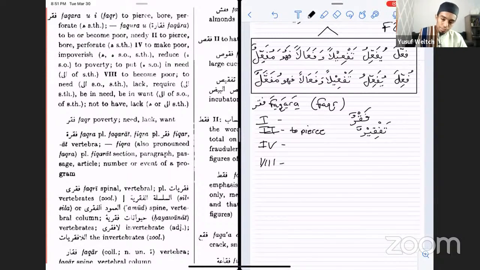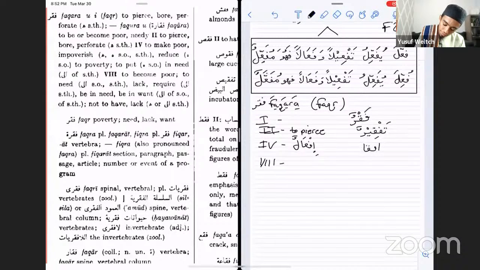Anyone know? It's the same as our religion. Islam. Islam, the form 4. So if'al is Islam, a form 4 verb. So if'al here would be ifqar. What does ifqar mean?